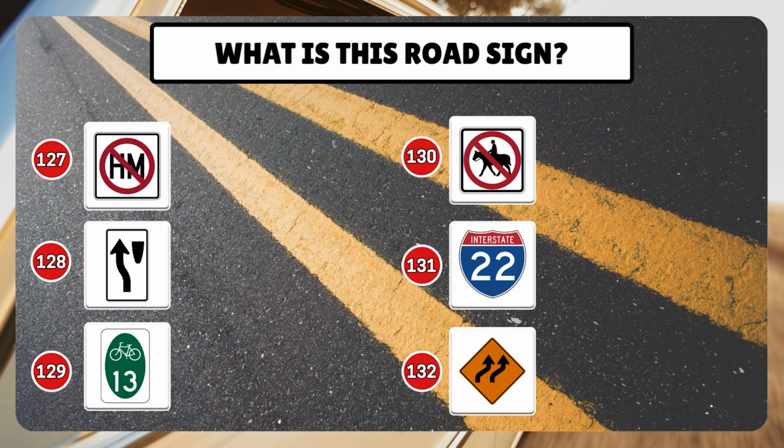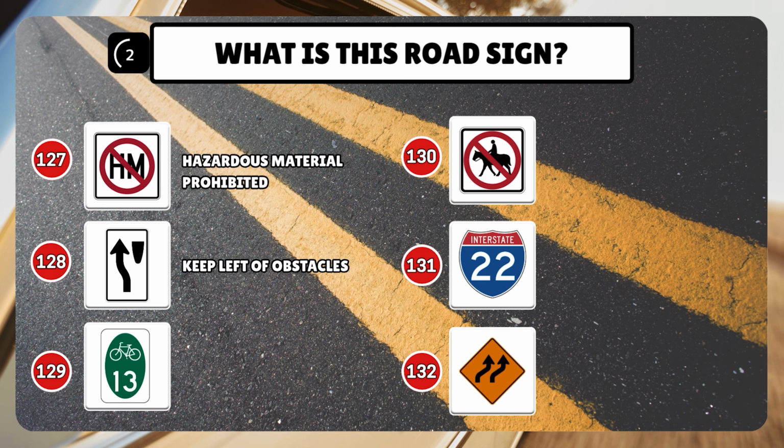Identify this traffic sign. Yes, it is a hazardous material prohibited sign. That is a keep left of obstacle sign. Well done. That is a local bicycle route sign.